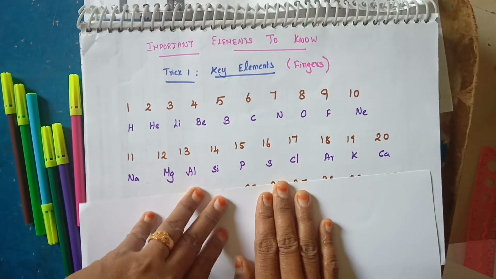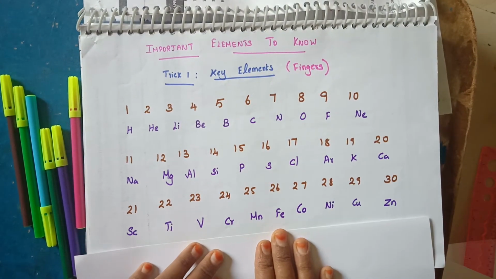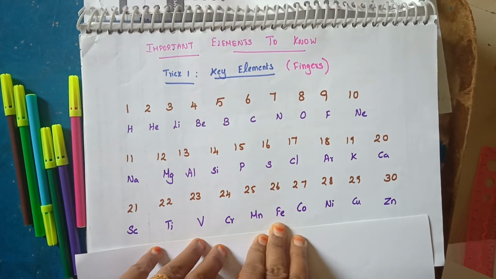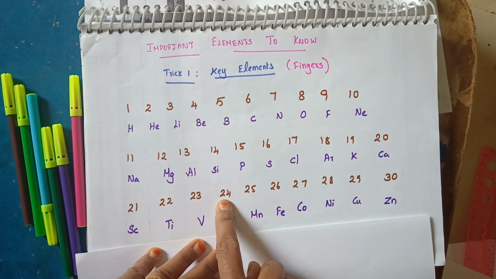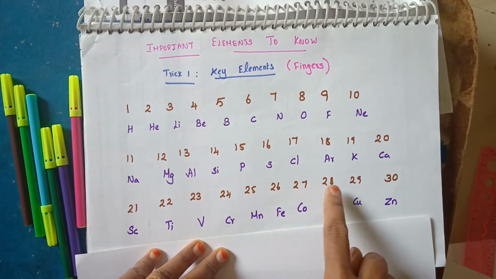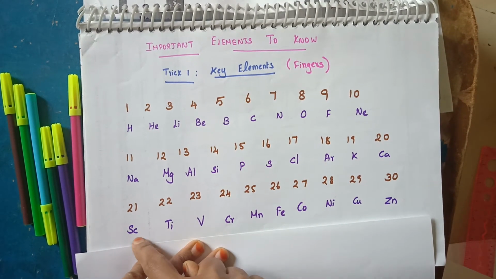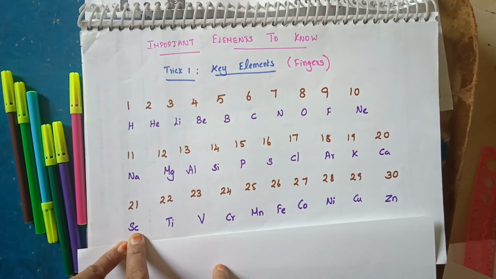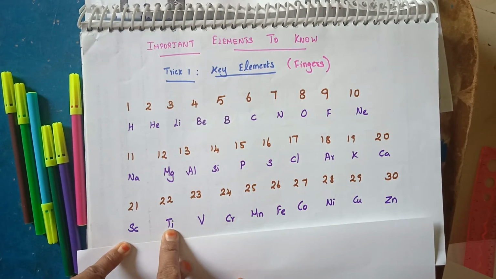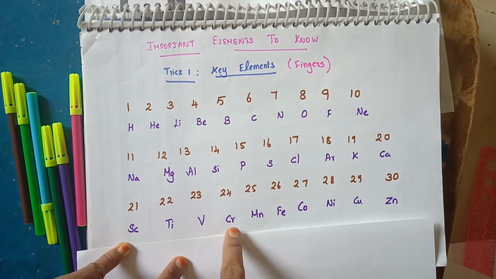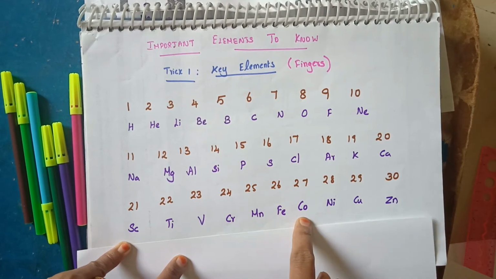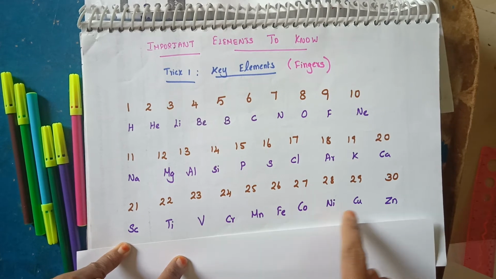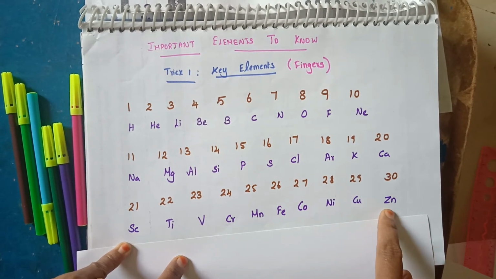Now we'll go for the next, 21 to 30. 21, 22, 23, 24, 25, 26, 27, 28, 29, 30. Now you see, 21 is scandium, titanium, vanadium, chromium, manganese, iron, cobalt, nickel, copper, zinc.